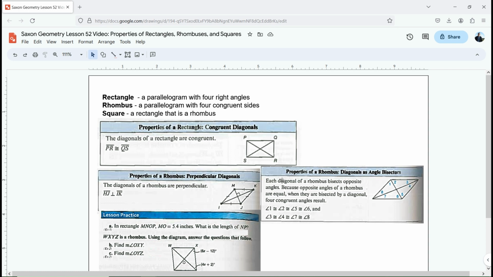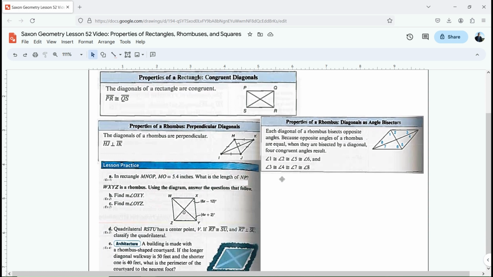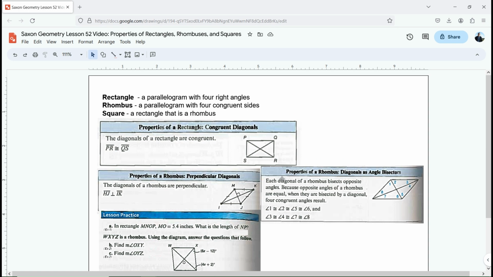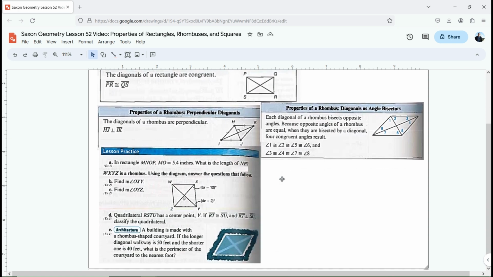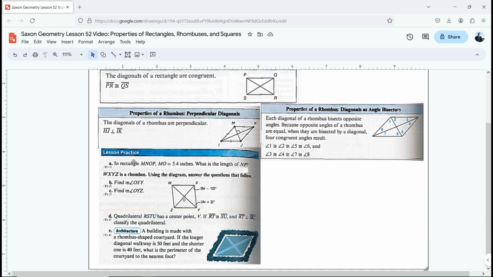All right, so knowing those properties, let's see if we can do some practice problems related to rectangles, rhombuses, and squares. First of all, in rectangle MNOP, MO is 5.4 inches. What is the length of NP? Well, let's just think about this for a second. MO has to be a diagonal because it's non-consecutive vertices.